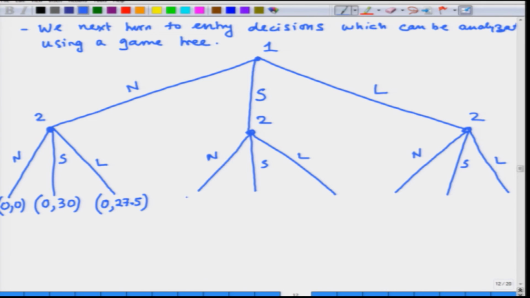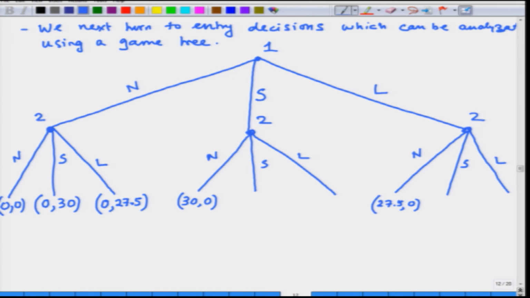So, in this case firm 1's payoff is going to be 30 and firm 2's payoff is going to be 0, right, because it chooses not to enter. Similarly, if firm 1 has chosen to enter with a large capacity and firm 2 decides not to enter, that is going to be the mirror image of what we have here, right. So, firm 1 gets a profit of 27.5 and firm 2 gets 0 profit.